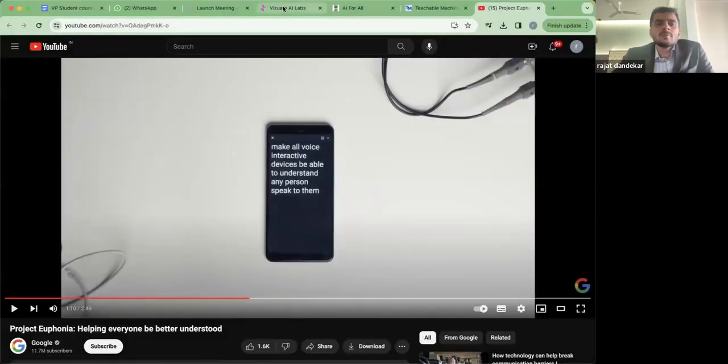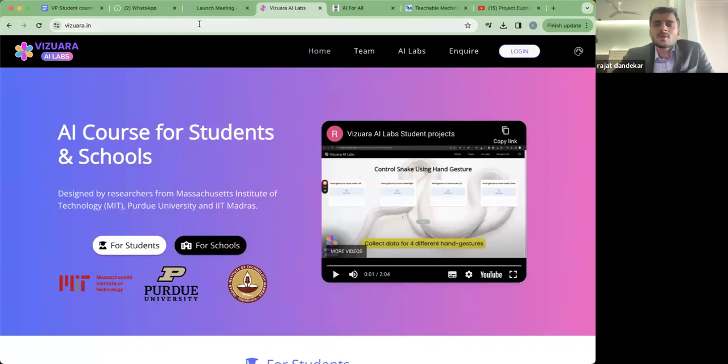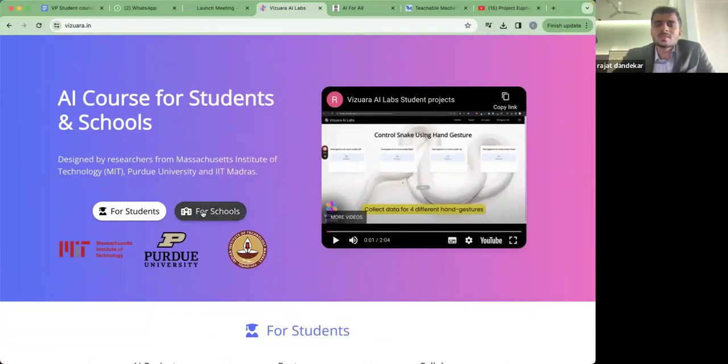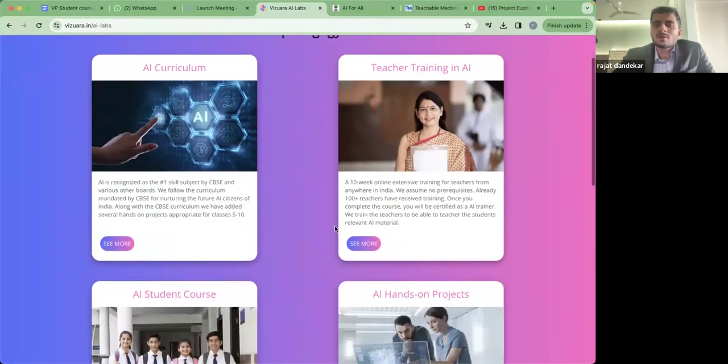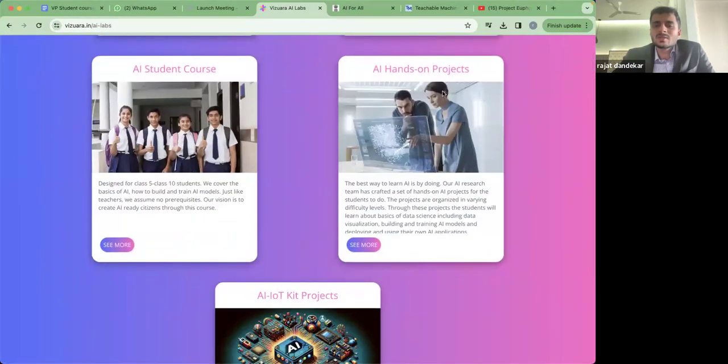Just go to Google and type in visuara.in, www.visuara.in. So you will see this page. This is the website of our AI labs. Within this, click on the section which says for schools. Once you click on it, you will go into this pedagogy section, then go on to the section which says hands-on projects.